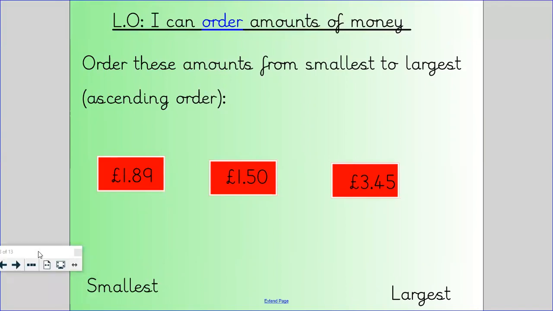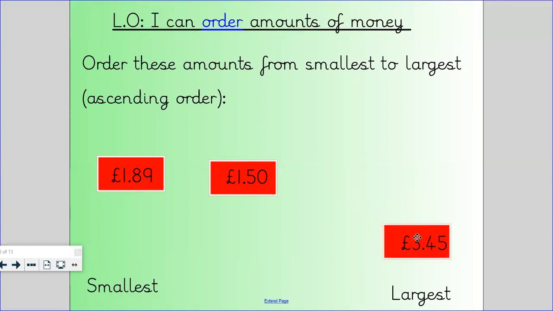And so we've now got £1.89, £1.50 and £3.45. Now to work out which is the smallest, we start by looking at our £1 column. Well, it's not actually very evident because we've got £1 in this column, £1 in this column and £3 in this column. Actually, what is evident very quickly is that this is the largest. £3 is bigger than £1 and £1.